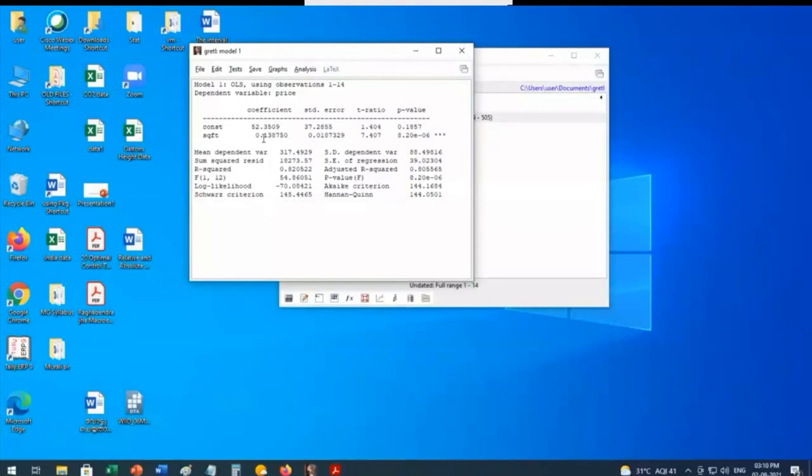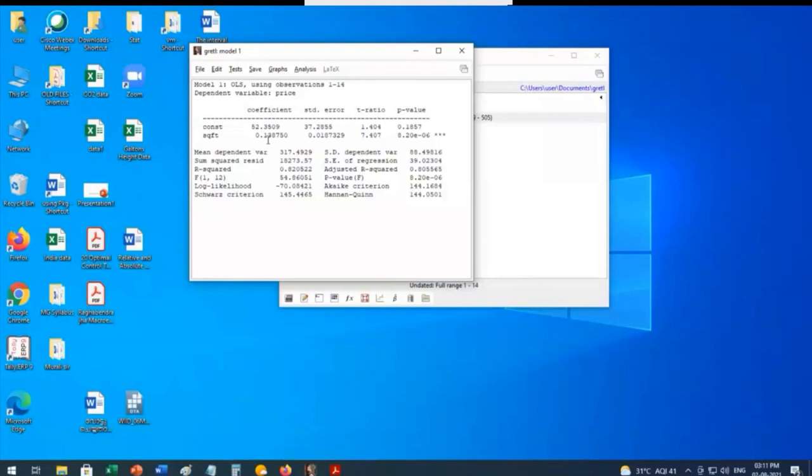Now here we have, as you are all familiar, the R square, then adjusted R square, then the corresponding F value and the P value of F. So we have these values along with the standard error, the T value and P value of the estimates.